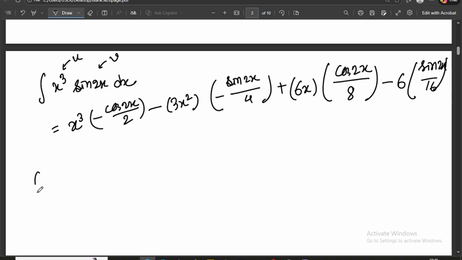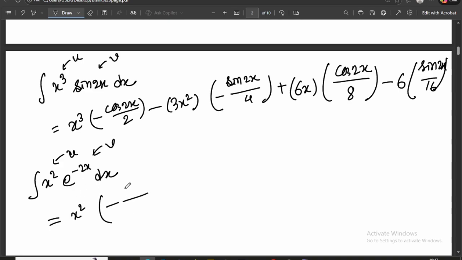Now again, if we take integration of x square e to the power minus 2x dx, for this let's take x square as u and this as v. So the first term is u v1, that is x square, and v1 means the integration of e to the power minus 2x, so it will be minus e to the power minus 2x by 2.